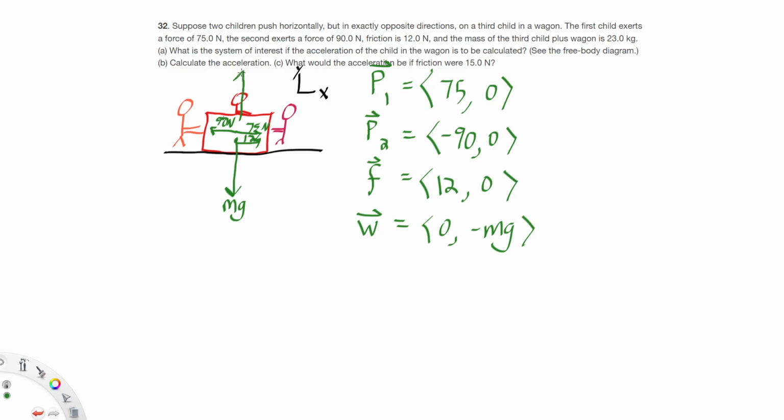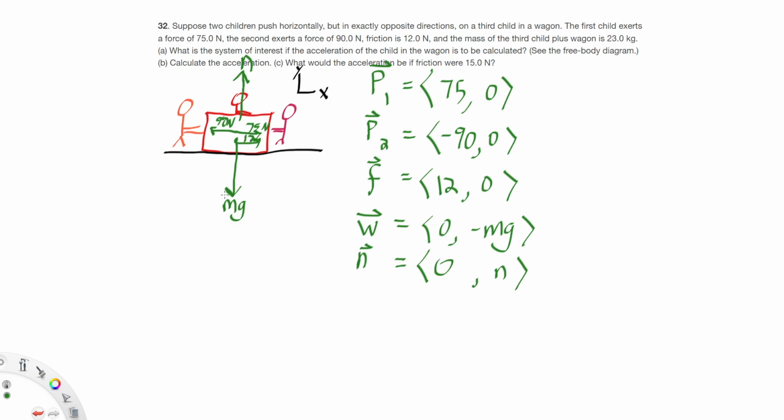And there must indeed be some normal force. All right. So there's our vectors broken down.